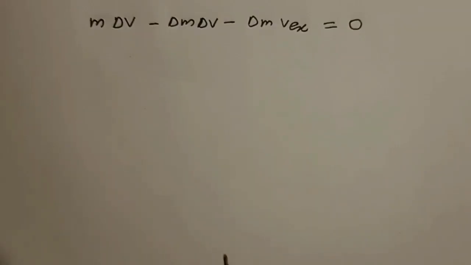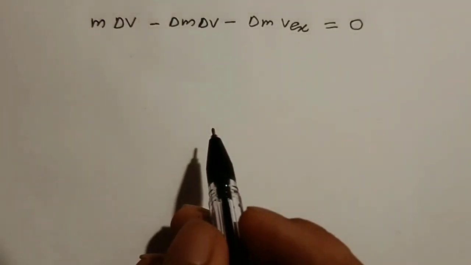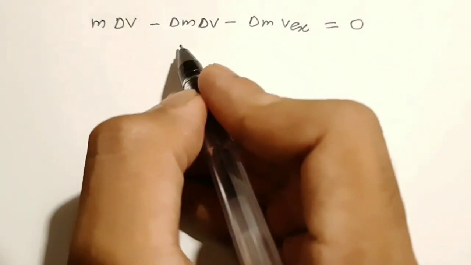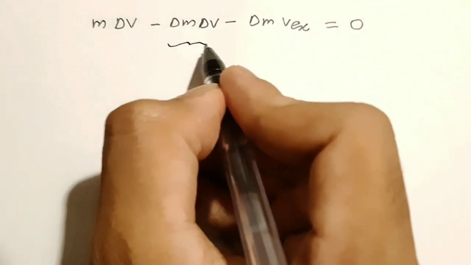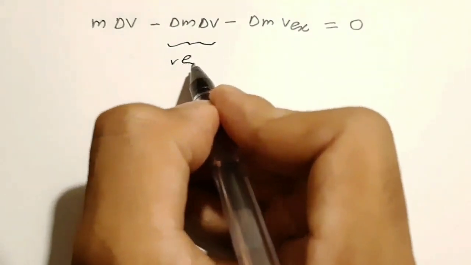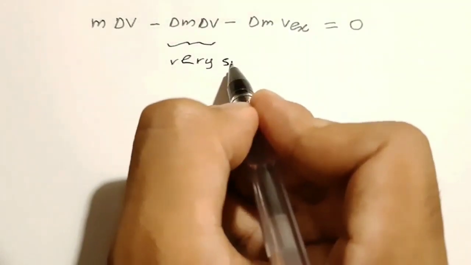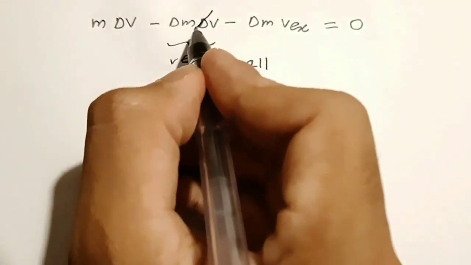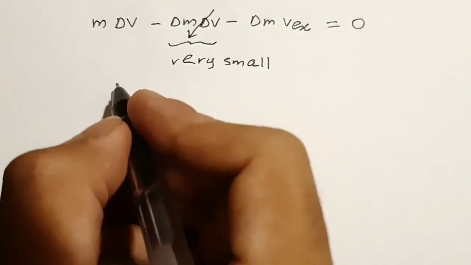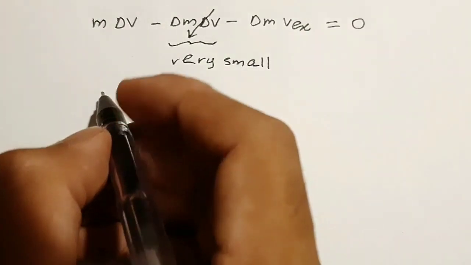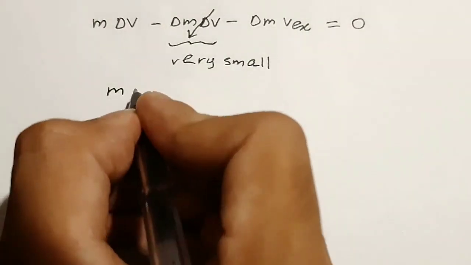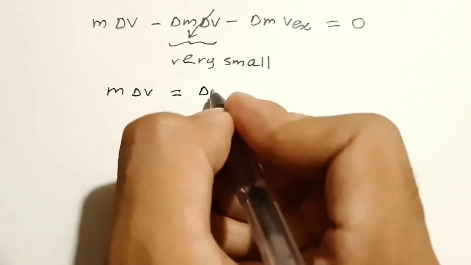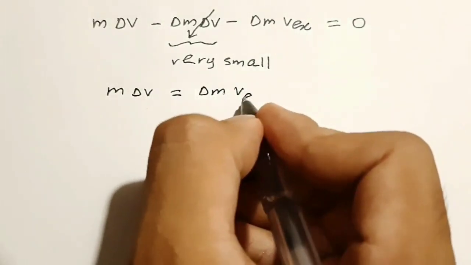After simplification, we obtain this equation, and we know that this particular term, delta m times delta v, is very small. So we can neglect the term delta m times delta v. The solution we obtain is m times delta v is equal to delta m times v exhaust.